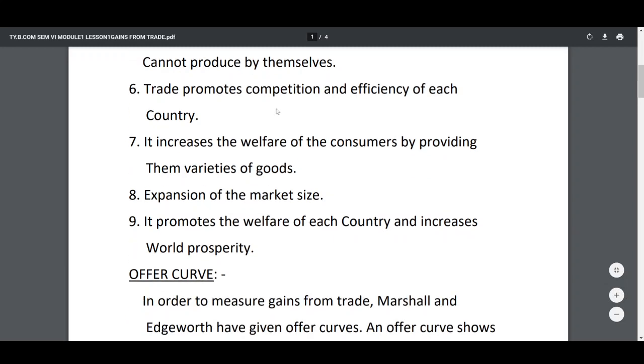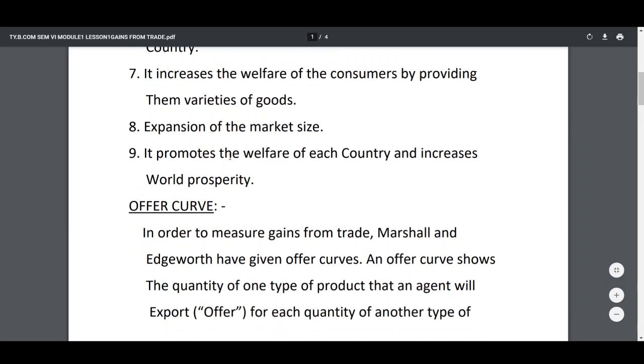Sixth, trade promotes competition and efficiency of each country. Seventh, it increases the welfare of the consumers by providing them varieties of goods. Eighth, expansion of the market size. And ninth, it promotes the welfare of each country involved in international trade and it increases the prosperity of the world.